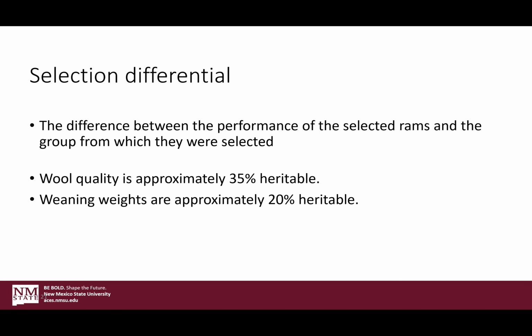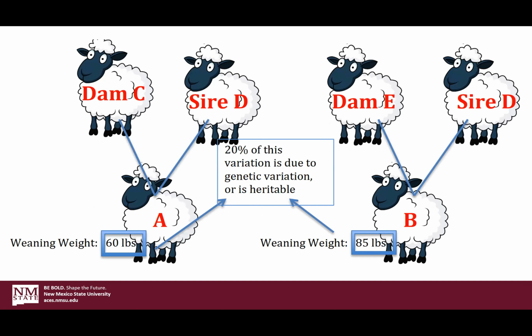So here's an example of why we like to see this selection differential. Say you have a dam C crossed with sire D, and the weaning weight of that lamb is 60 pounds. But then sire D was crossed with a better ewe, and their weaning weight was 85 pounds.